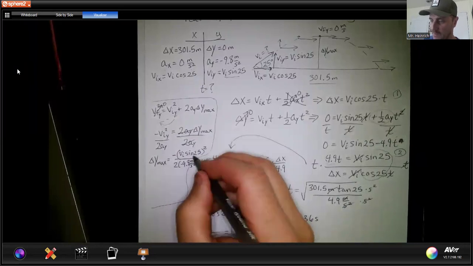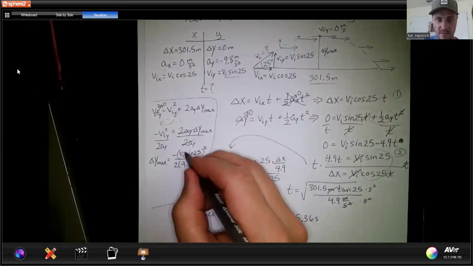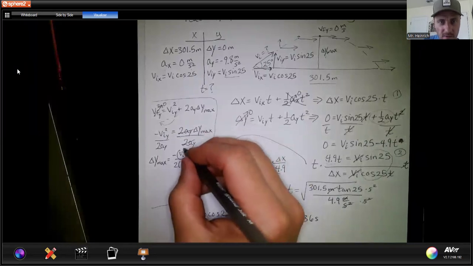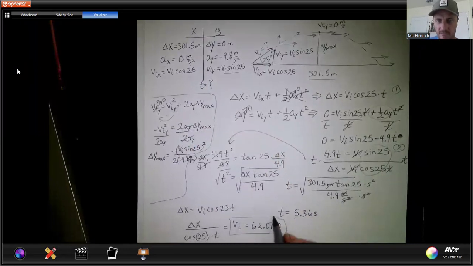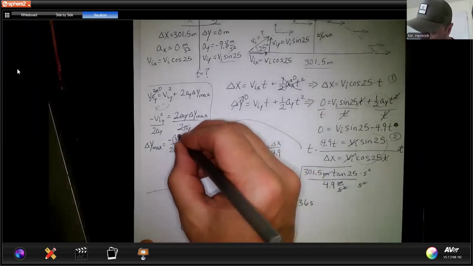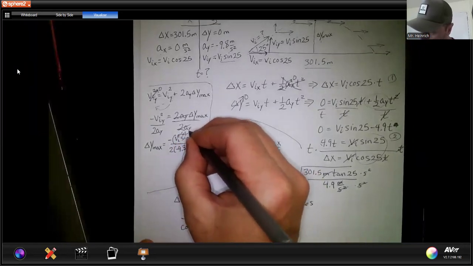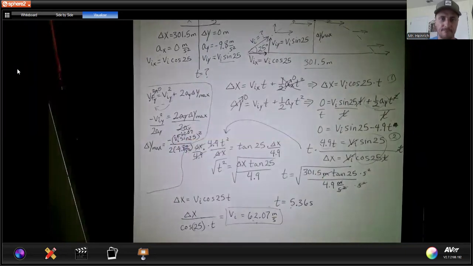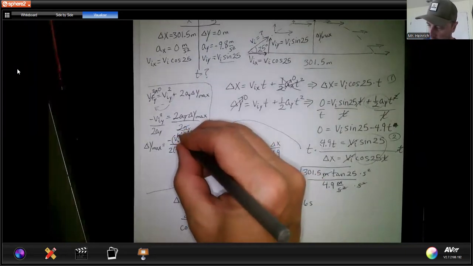Look at me go. So I started plugging in some values, but not others. Let's just go ahead, so I don't have to rewrite all this. What's our VI again? 62.07. So right in here, you're going to want to put 62.07, right in for that VI.